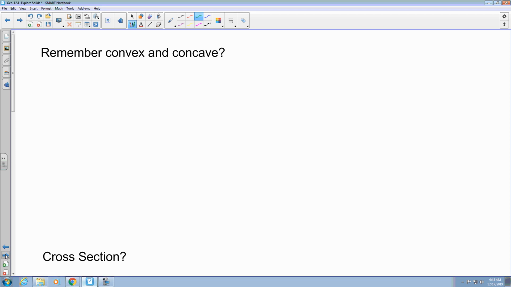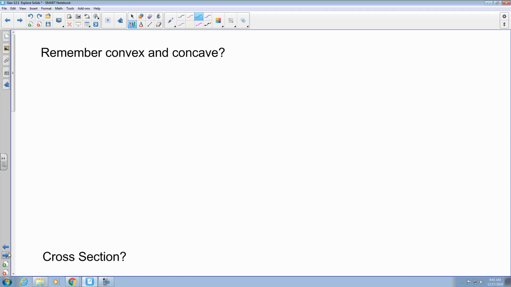Another thing that kind of comes back, we have different classifications for certain 3D objects. One of which is a 3D object can also be convex or it can be concave.